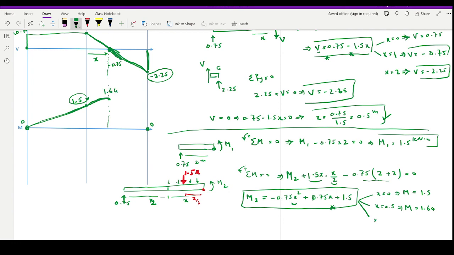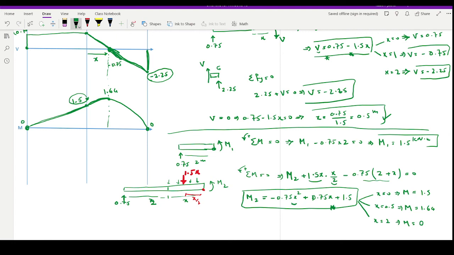If I put x equal to 2 meters, you can see that M, if you solve it, will be equal to 0. If you put x equal to 2 in this equation, we go to 0. Therefore, our curve is this type of curve, and it goes from 1.64 to 0.